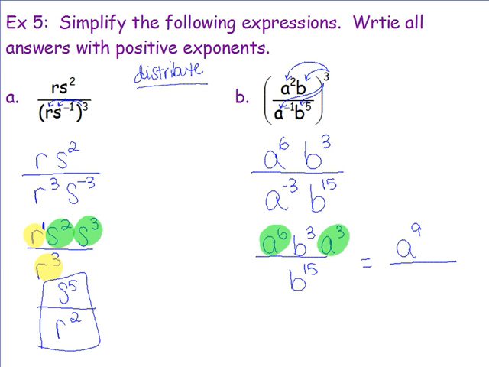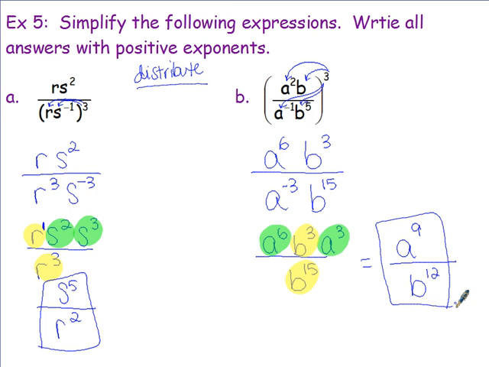Now we got some B's. These are on top and bottom, so we are subtracting. Start with the larger amount, 15. Take away 3, leaves me with 12 B's. The bigger amount's on the bottom, so those 12 B's go on the bottom. And that's the end of that example.